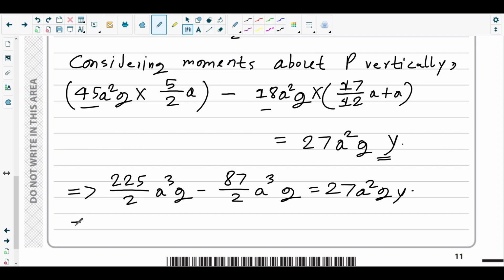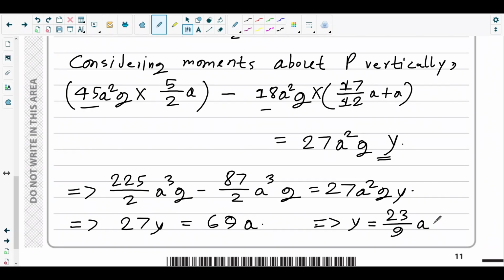On both sides we can cancel a squared g, so you will get 27 y equals 225/2 minus 87/2, that would give you 69. So A squared g cancelled from both sides, y equals 69/27 a. 69/27 gives 23/9, so y is 23/9 a.